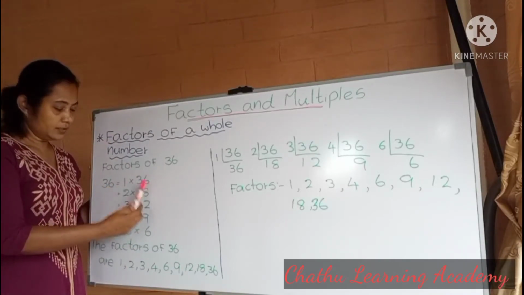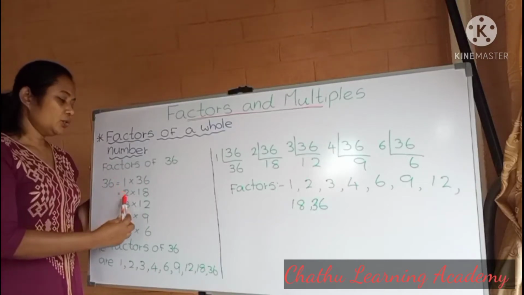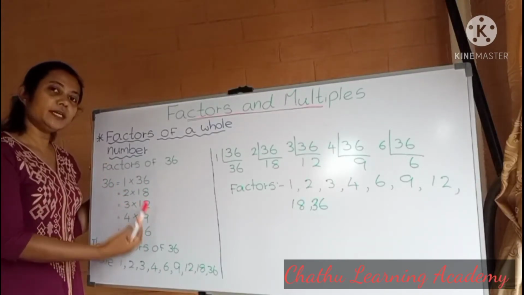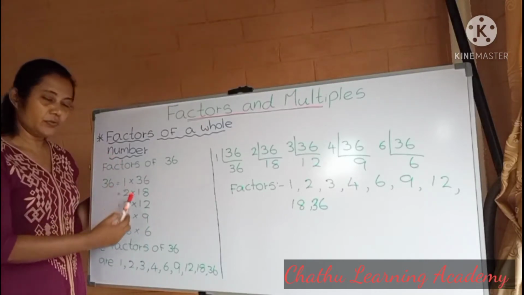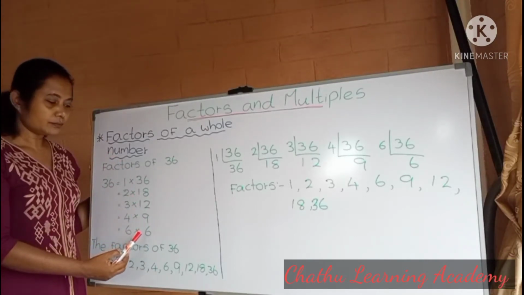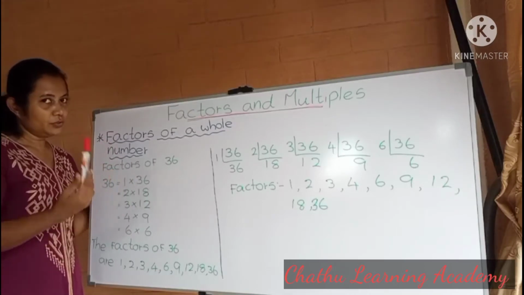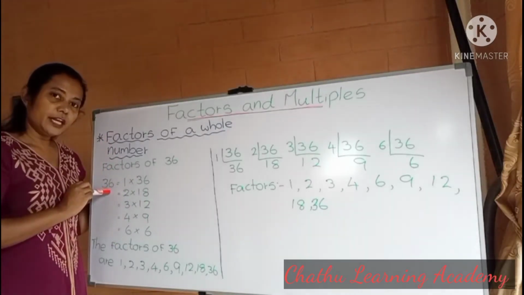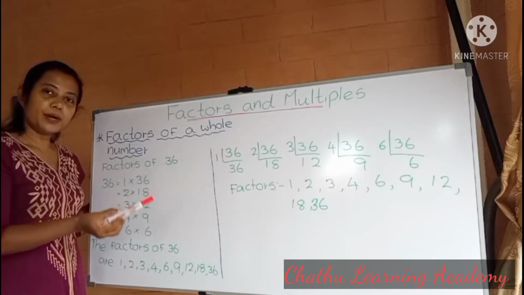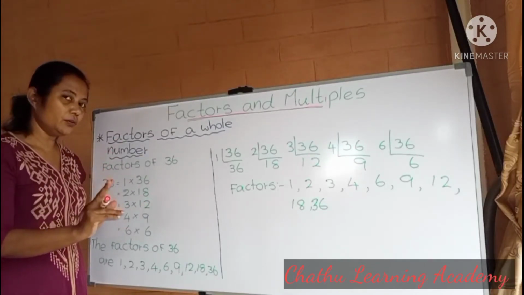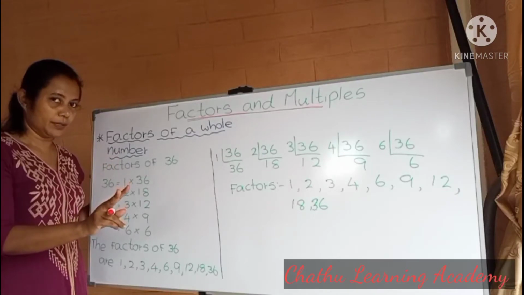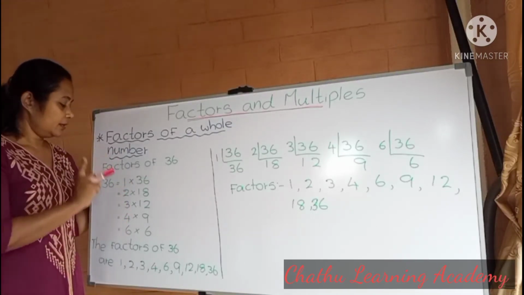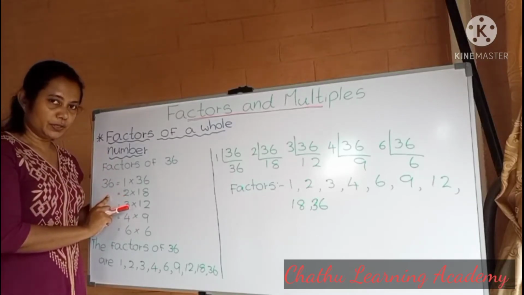1 into 36 is equal to 36. 2 into 18 is also 36. 3 into 12 is also 36. Like this way we can write. According to our definition, we can write any given whole number as a product of another two whole numbers, and those two whole numbers are considered as factors of the original one.